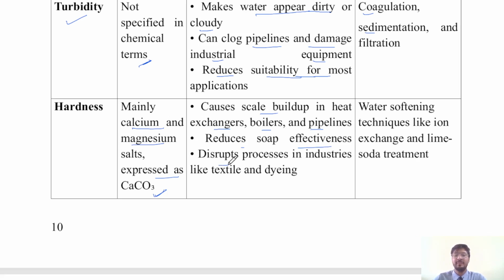It disrupts processes in industries like textile and dyeing. It can be removed by water softening techniques like ion exchange and lime soda treatment. What happens when your shampoo does not foam in tap water? That's hard water.